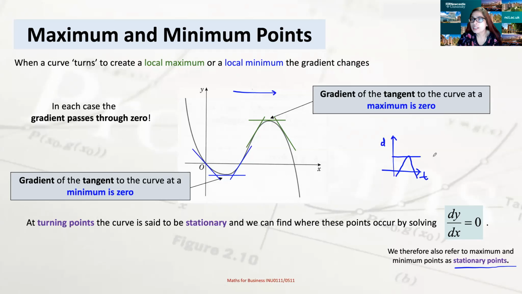If you draw a gradient at this point, let me take this as x, the change in distance over time will be 0. That's the stationary point. The velocity at this point is 0.